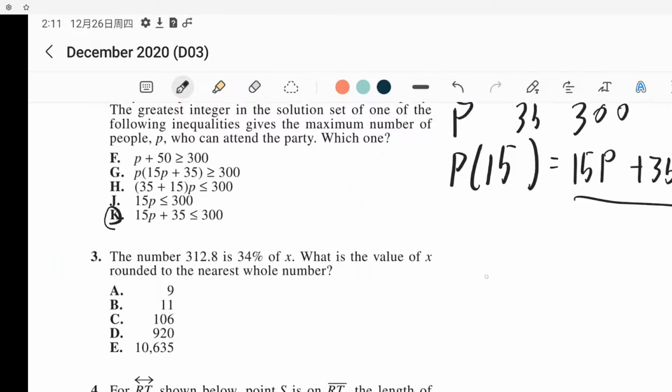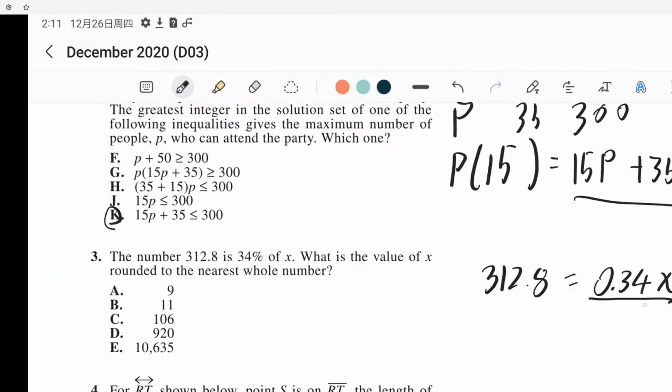So we have number 3. It says the number 312.8 is 0.34 of x. And what is the value of x rounded to the nearest whole number? We could use logic to figure this out, or calculate it with a calculator.